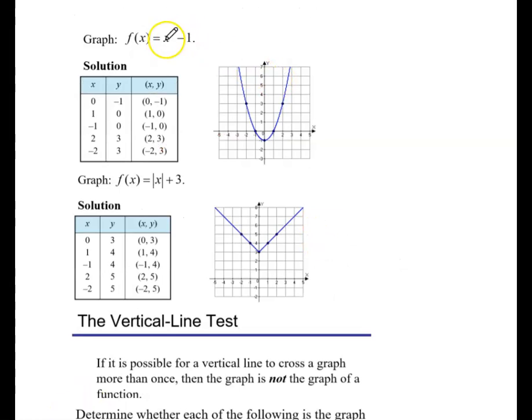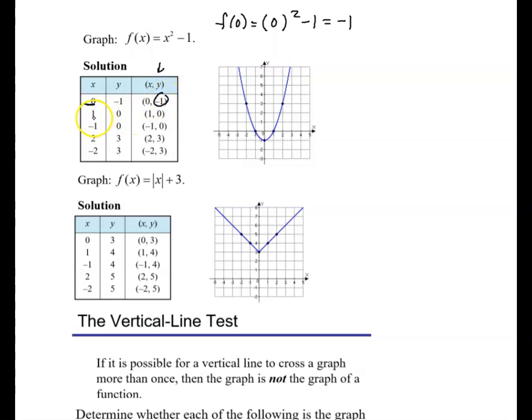Okay, so we talked about this a little bit before, but basically we do the same thing with graphs. If I say my input is 0, which is what they're saying right here, and I go to my equation, and instead of x, I put in the 0, my answer is going to be negative 1, which is y, which is my output here.